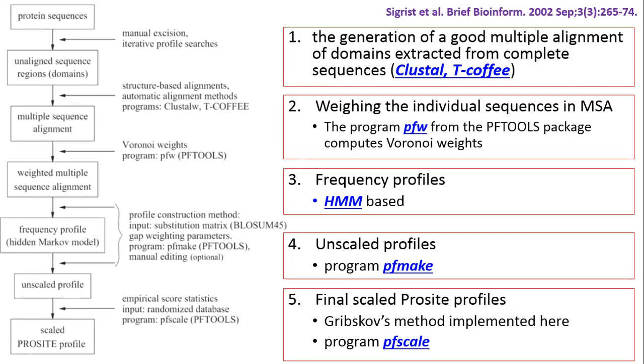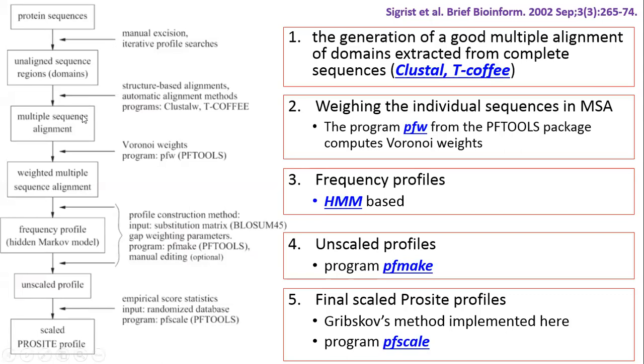And when you have such unaligned domains in a single file, you would perform multiple sequence alignment using programs like ClustalW or T-Coffee, which would give you a multiple sequence alignment.